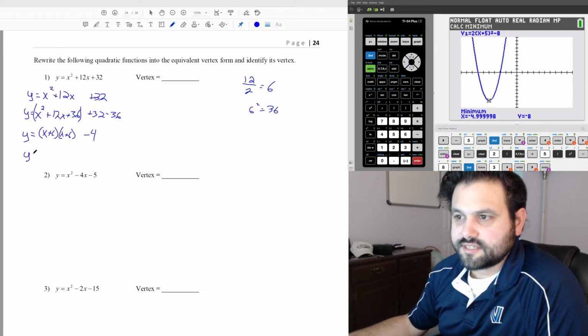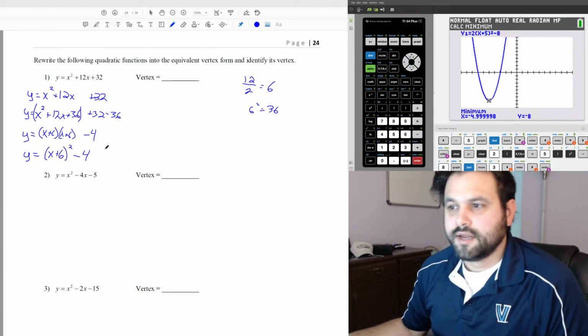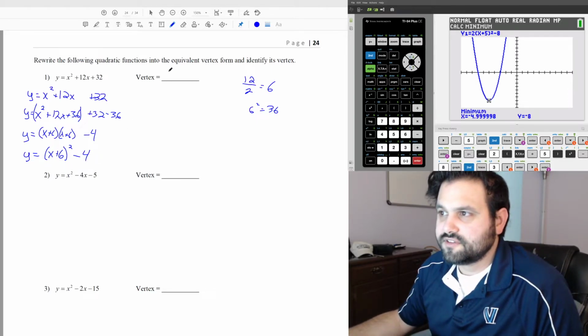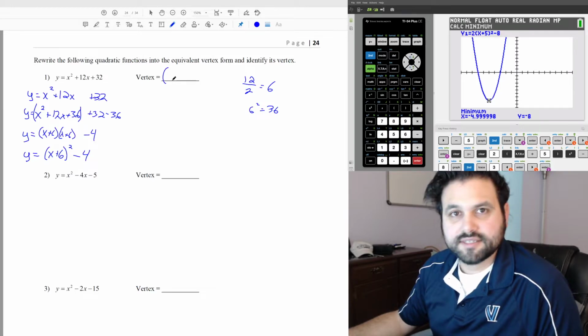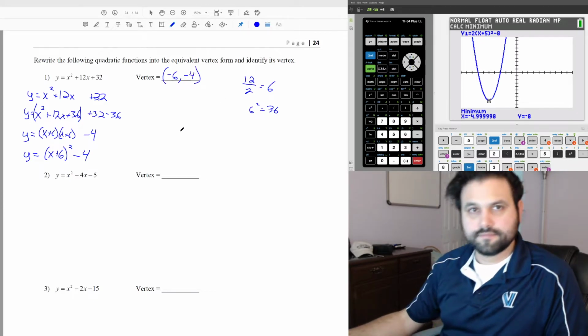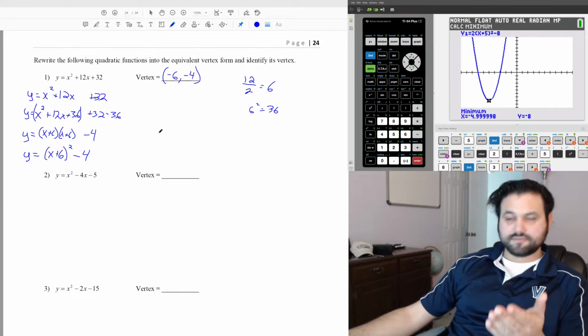And what's x plus 6 times itself? X plus 6 squared. And so there's our vertex form, okay? And so what are the coordinates of this vertex? Remember, the inside coordinate changes sign. So negative 6, negative 4.